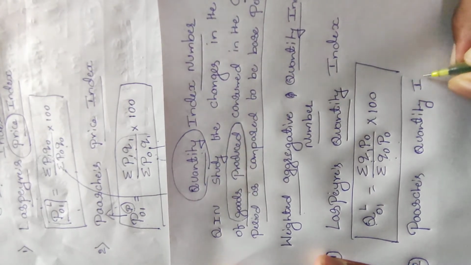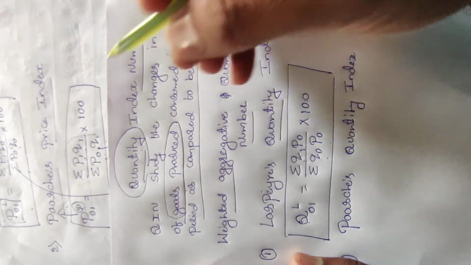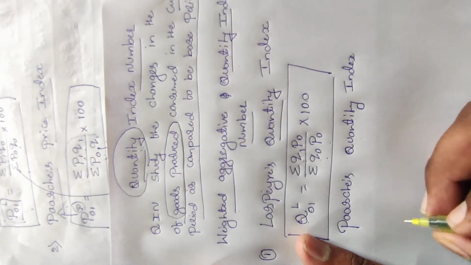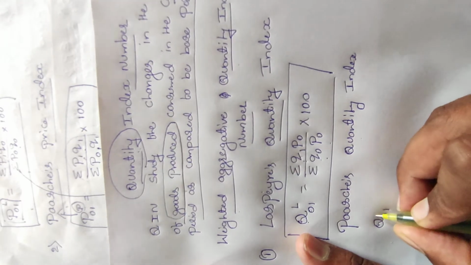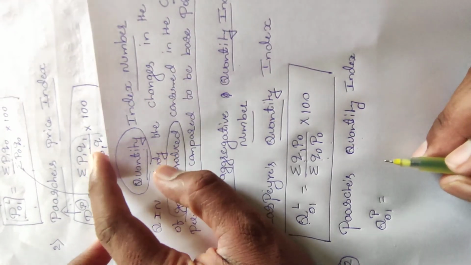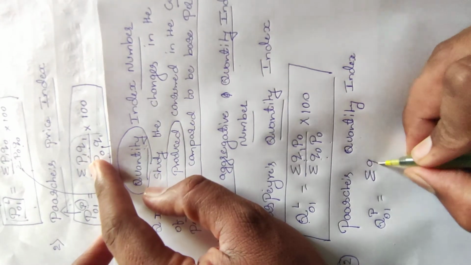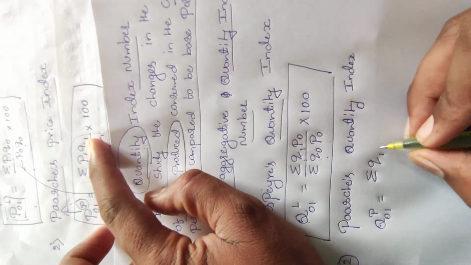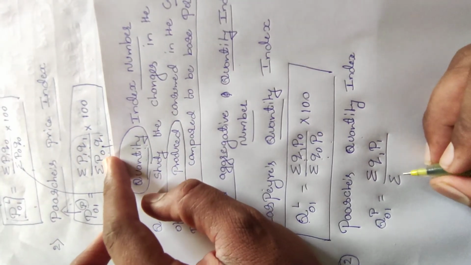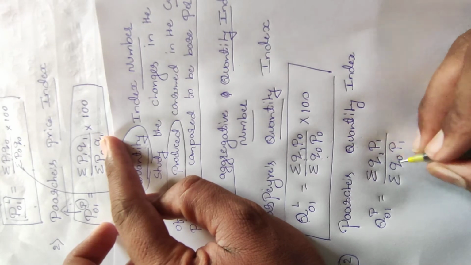The Paasche price index we denote as P01P, and the Paasche quantity index we denote as Q01P. For the formula, where we gave importance to P, here we give importance to Q. Where P is there, we write Q, and where Q is there, we write P. So the factors are interchanged.